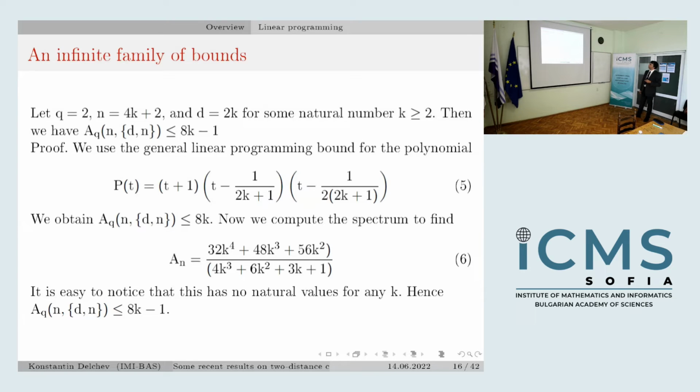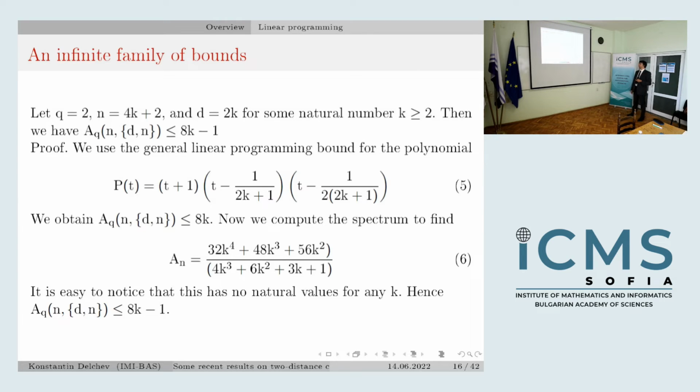So for q equals 10 equals 4k plus 2, d equals 2k, then we have this bound. And we can use our main identity with this polynomial, and we can immediately notice that it vanishes in the inner products. And okay, it has another root. If it has two roots and its real values, of course it will have another, which is of no concern for us.